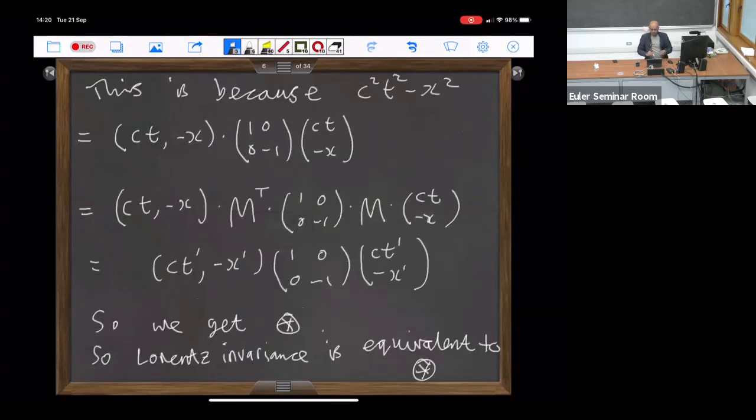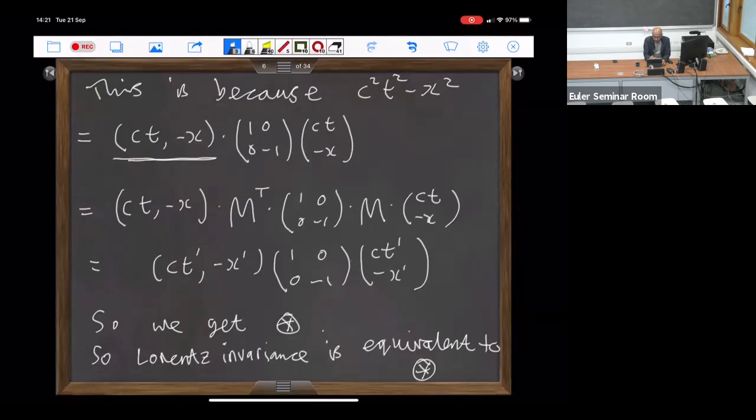So let's see this in more detail. Sorry, I think there's a typo here. So yeah, this is because the interval is the transpose of this vector times the vector.